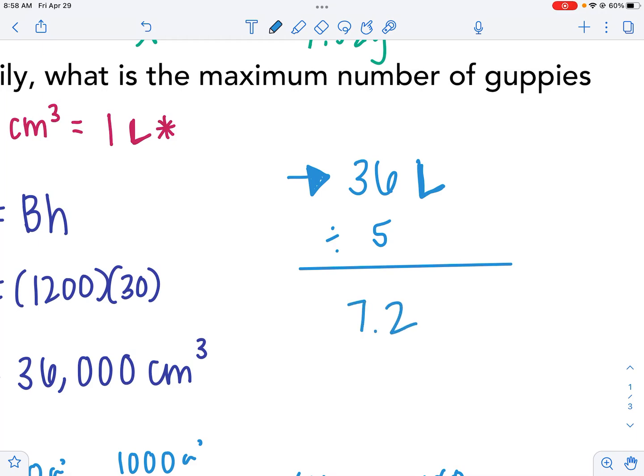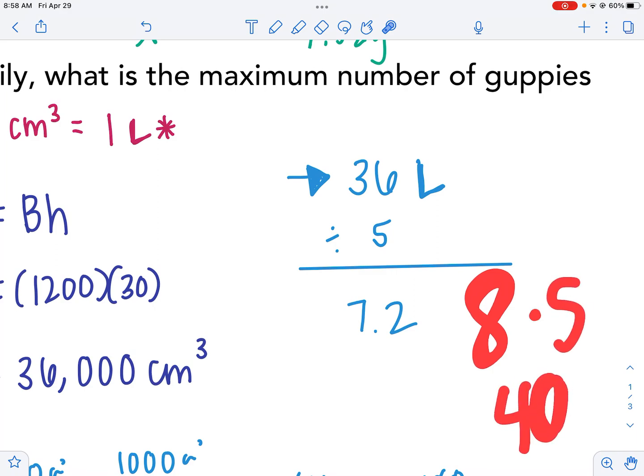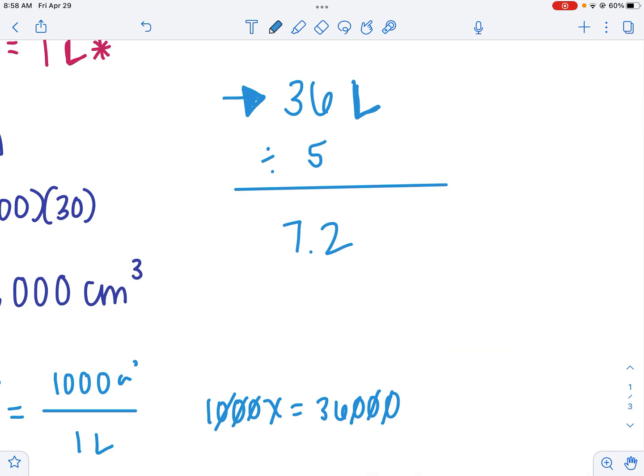Okay, now 7.2 guppies, I can't have 7.2 guppies. I can't have 0.2 of a guppy. And if I round up to 8 fish, well then they're not going to have enough because 8 times 5, I need 40 liters in that tank. So this is a problem where I wouldn't round up, I would actually round down. So 7 guppies could successfully live in this aquarium.